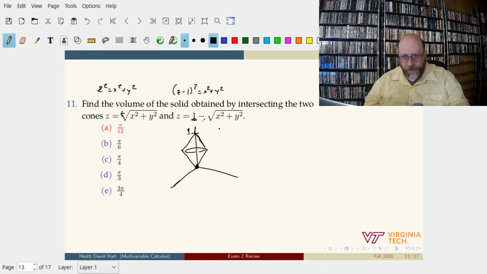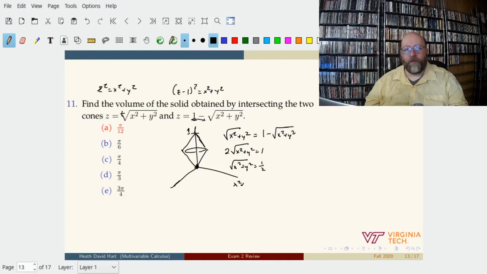So they intersect. The way we find where they intersect is we set these equations equal to each other. So we get the square root of x squared plus y squared equals 1 minus the square root of x squared plus y squared. So we get 2 times the square root of x squared plus y squared equals 1, and the square root of x squared plus y squared equals 1/2.